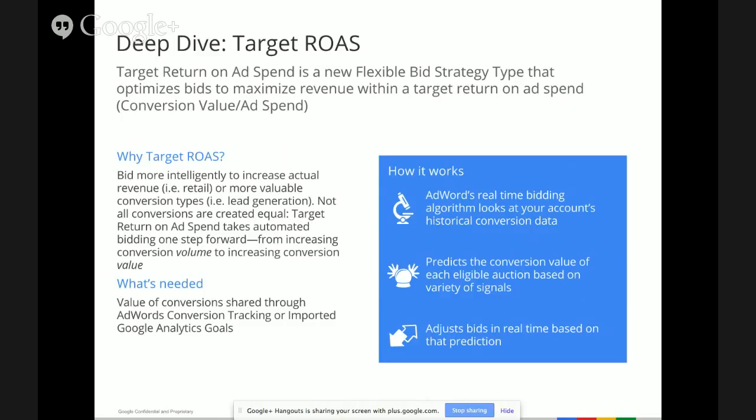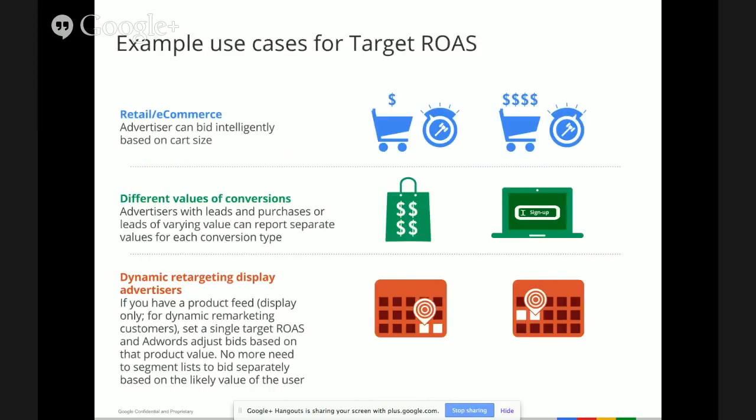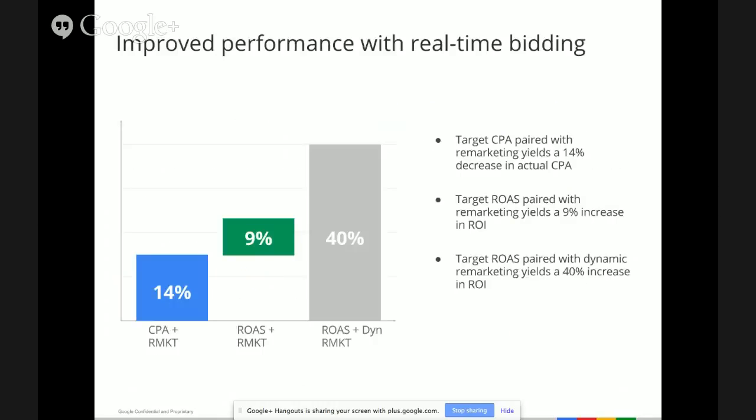Let's take a look at how Target ROAS actually works. Let's do a quick overview of the type of performance gains you can likely see when using our different real-time bidding strategies.